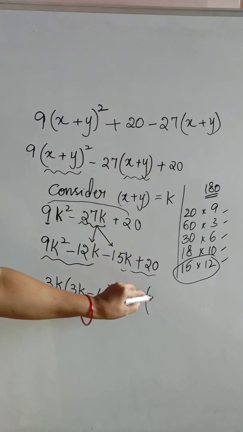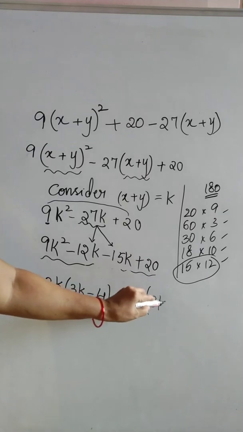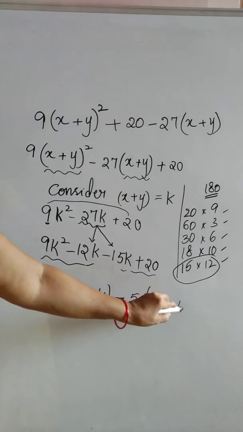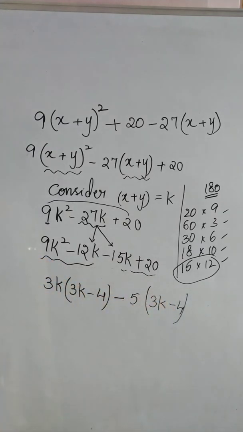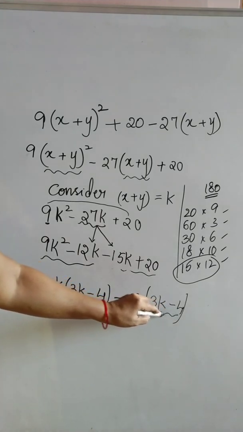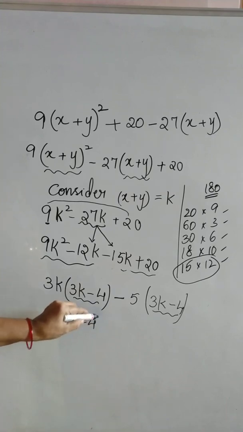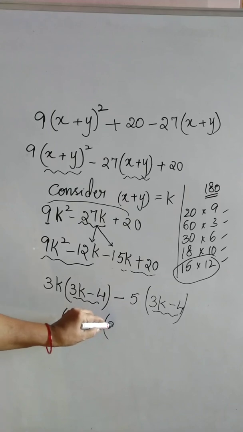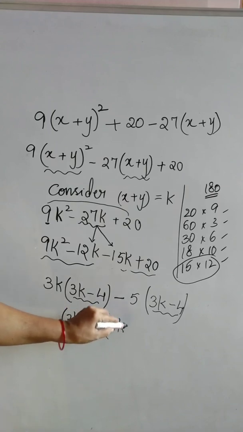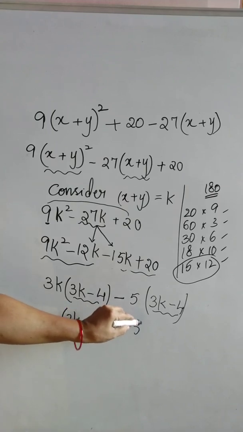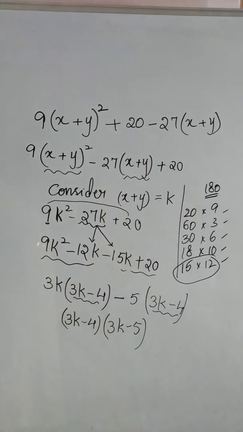If we take common again, 3k minus 4. Now we got here 3k minus 4 and here also 3k minus 4. So 3k minus 4 into 3k minus 5 are the factors of the given expression.